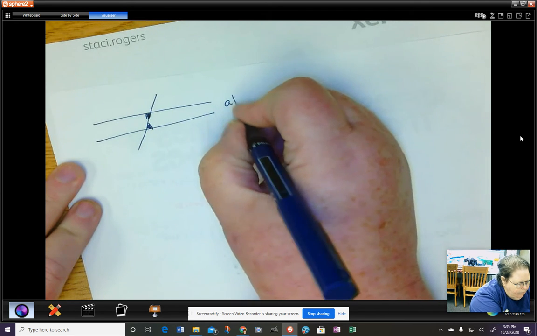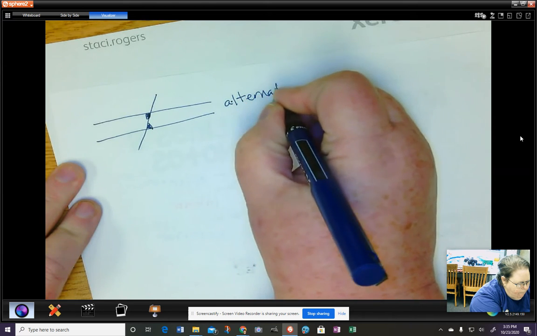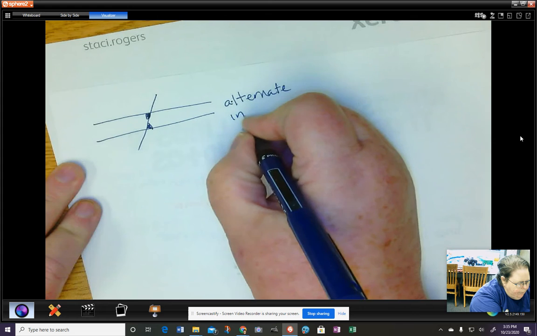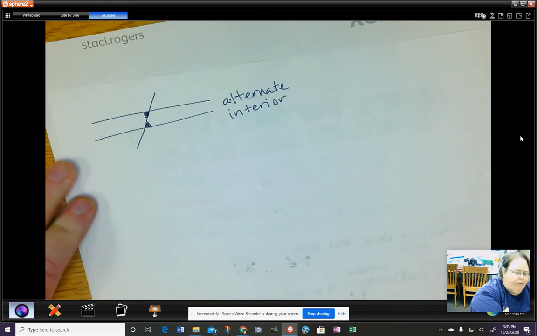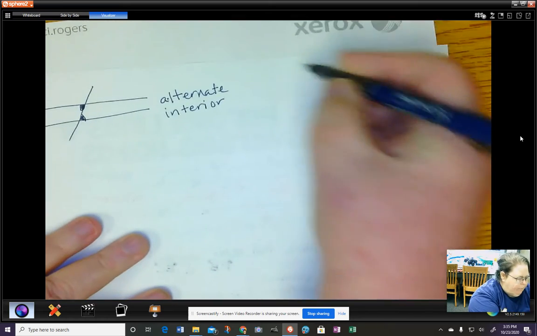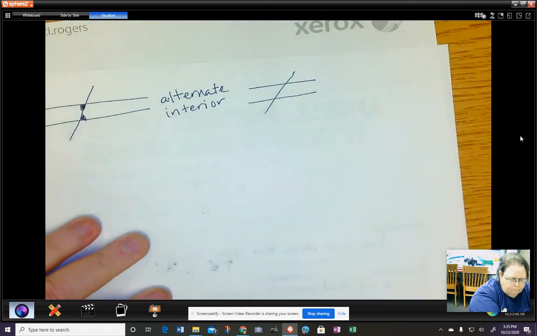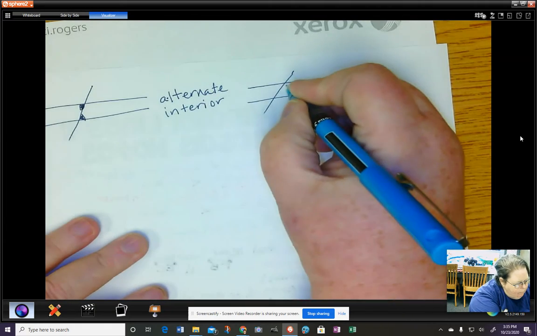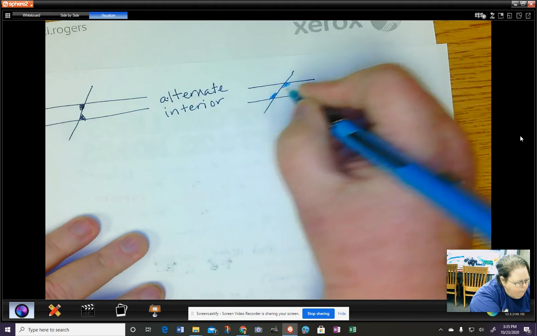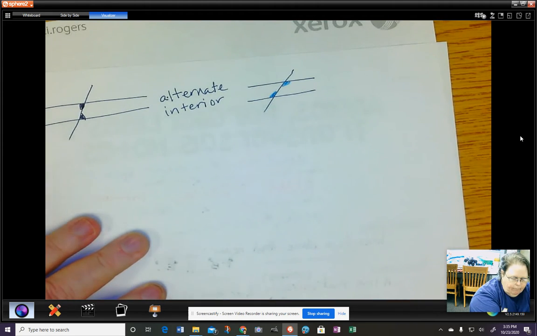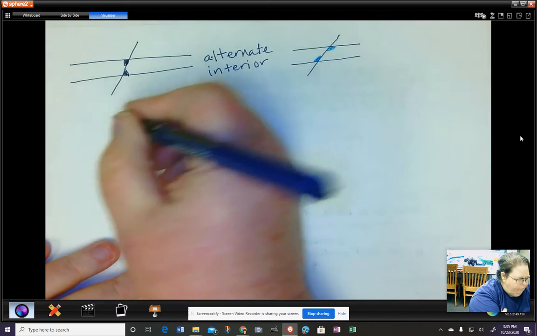These are alternate interior, or one set. I'm going to draw the other set over here. I'm going to do them in teal. This one and this one. Alternate interior. Here's this one.